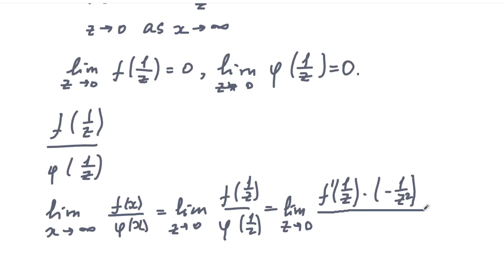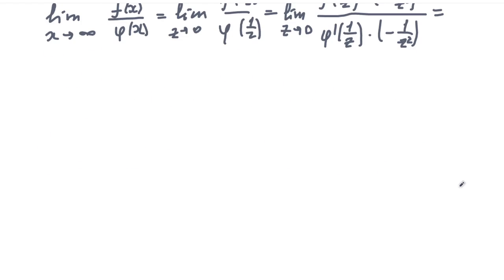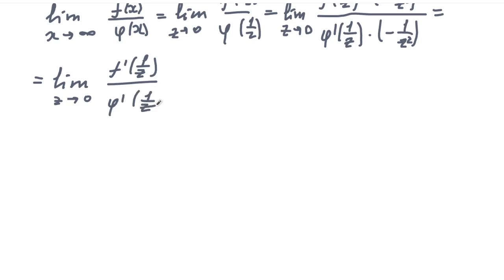Over, in the same way, phi prime of 1 over z times minus 1 over z squared, equals the limit as z approaches 0 of f prime of 1 over z over phi prime of 1 over z, or the limit as x approaches infinity of f prime of x over phi prime of x, which is what we wanted to prove.